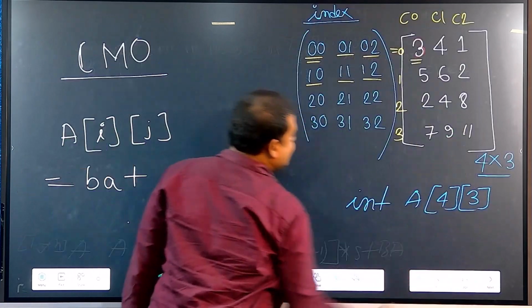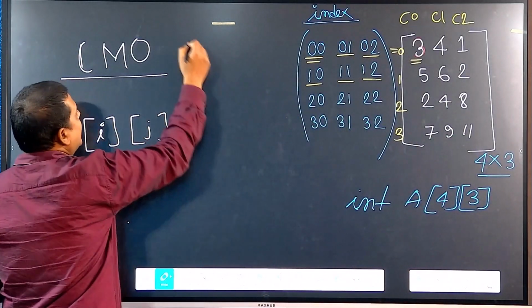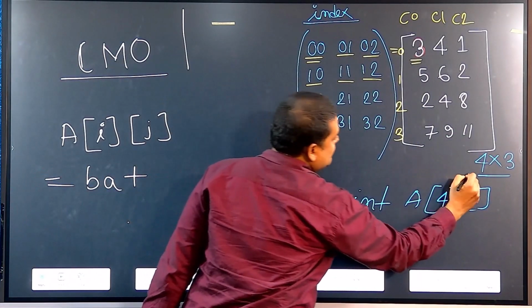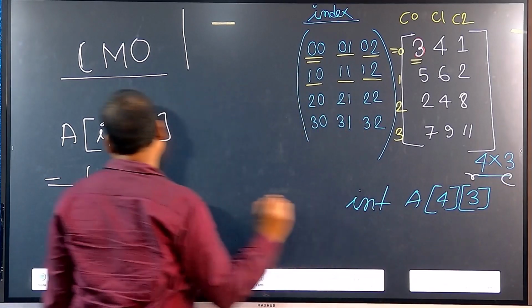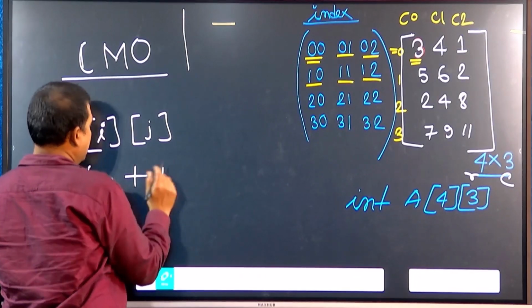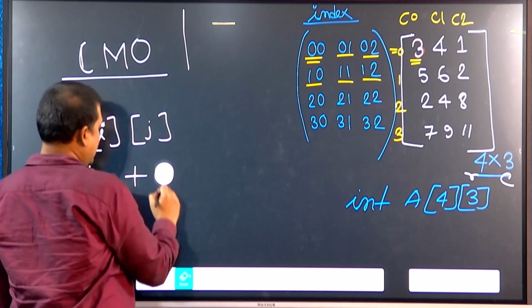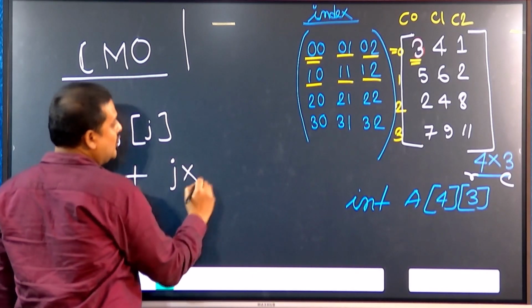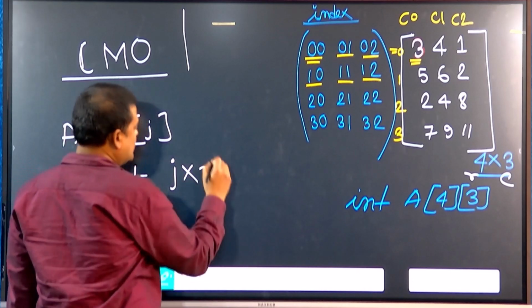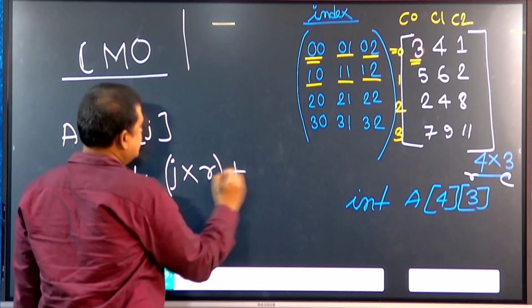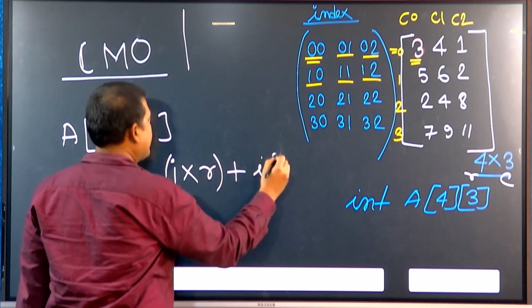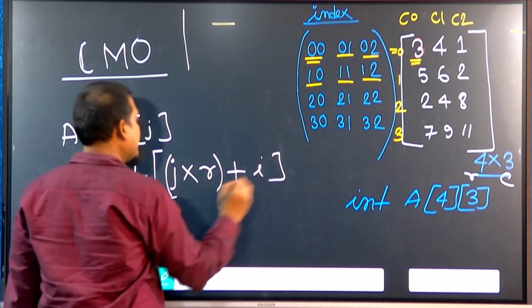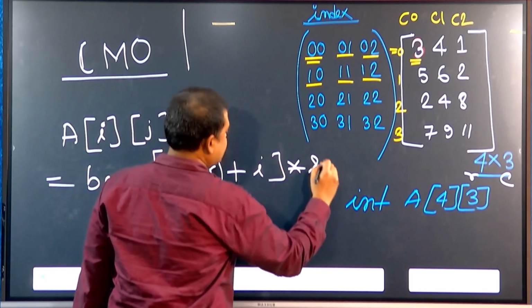Here this is row and this is column, so this will be plus J into the number of rows plus I, this whole into size.